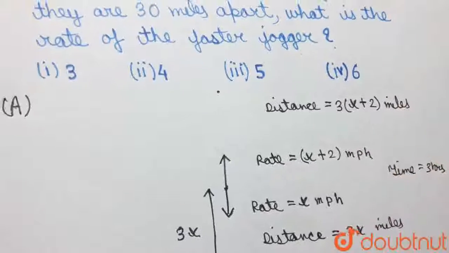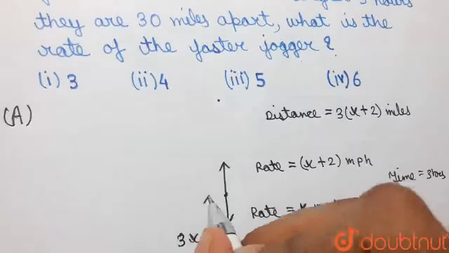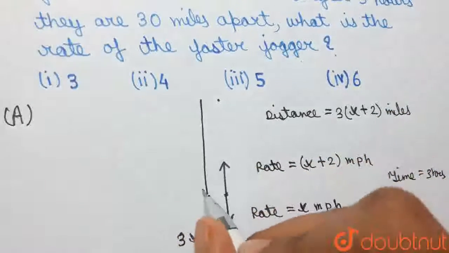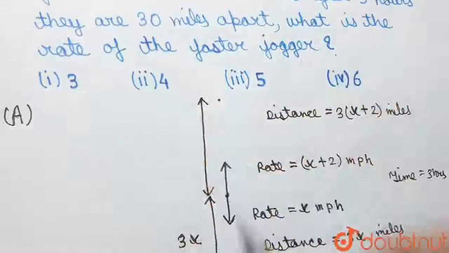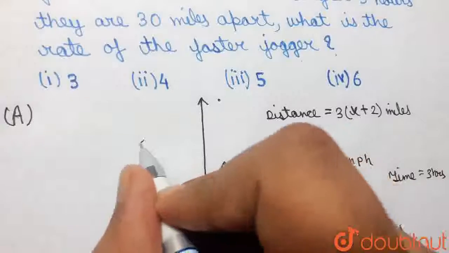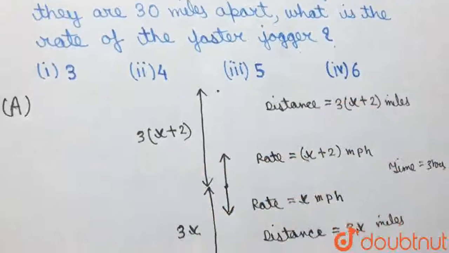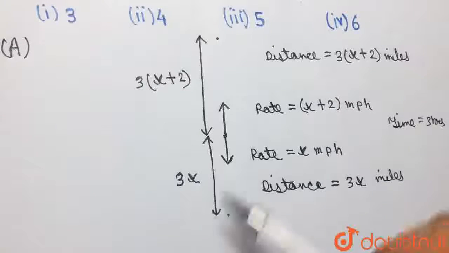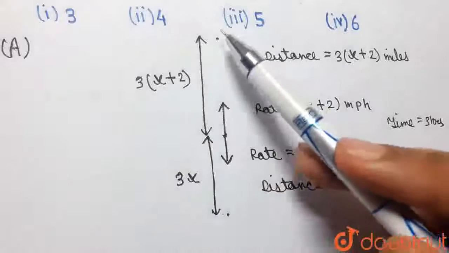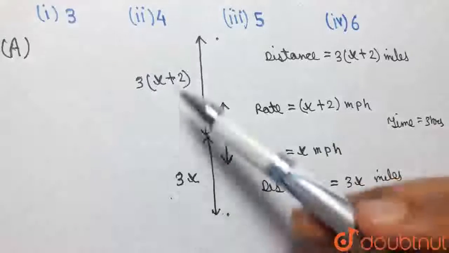Hence the distance from this point to this point is 3 into x plus 2. So after 3 hours one jogger is at this point and the second is at this point, and the distance between them is the sum of these two expressions.